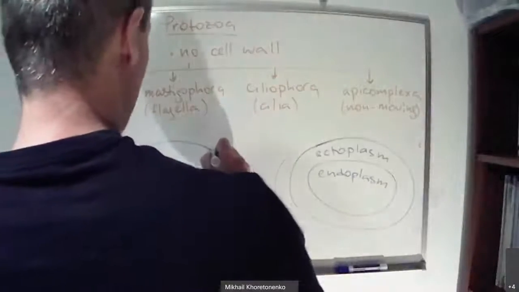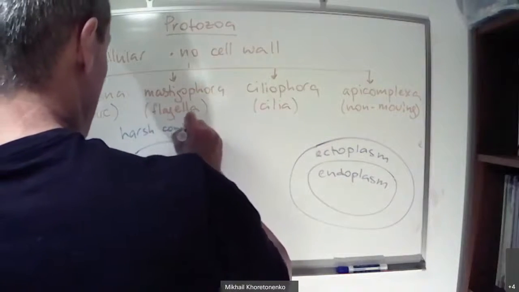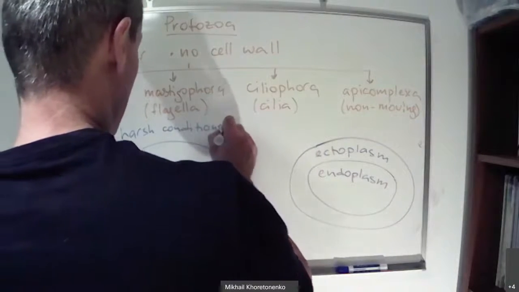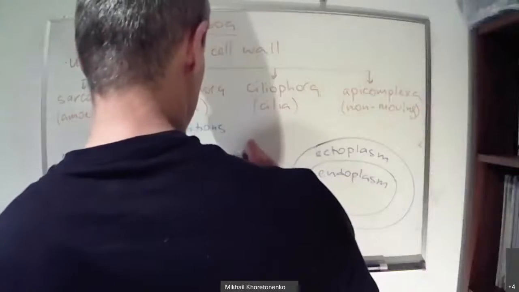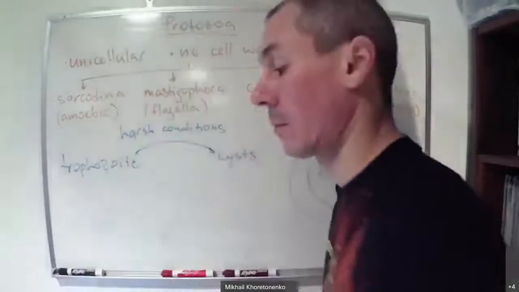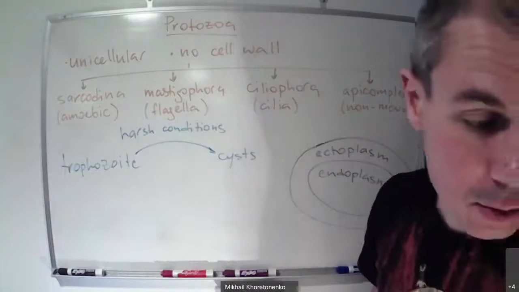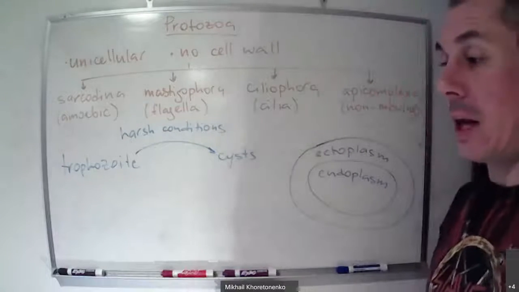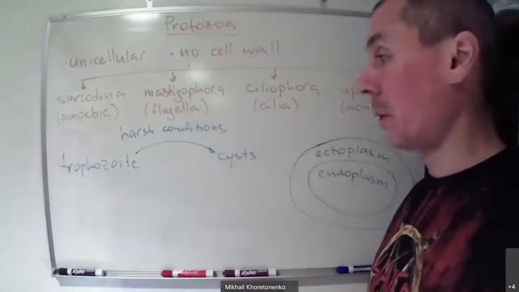Under harsh environmental conditions, though, protozoa can form cysts. Cysts cannot replicate. Cysts cannot feed. Cysts are basically a sleeping cell.